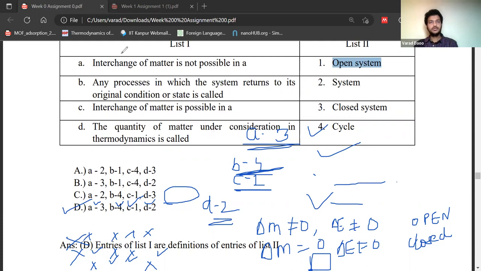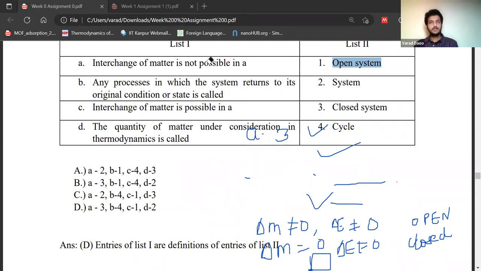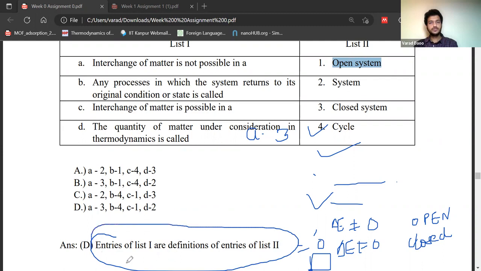So let us look at the explanation we have: entries of list 1 are definitions of entries of list 2. So the option is D.